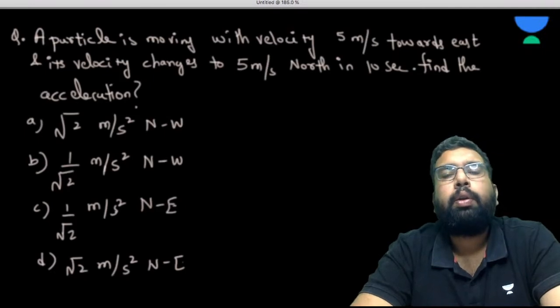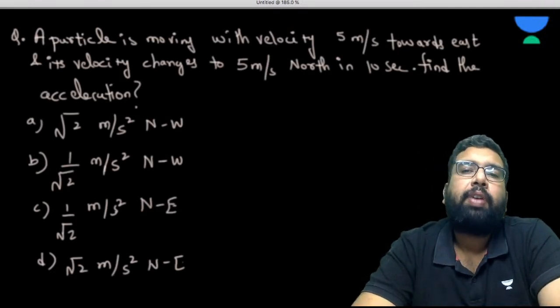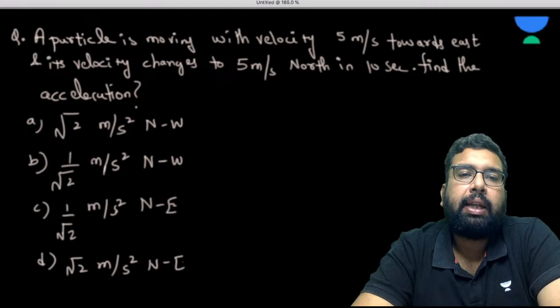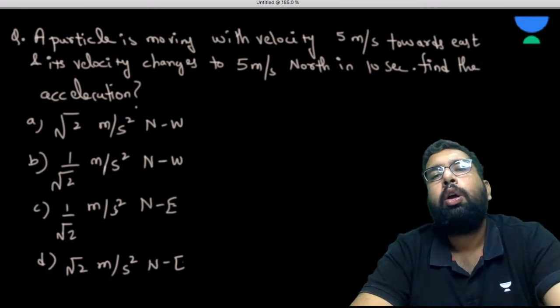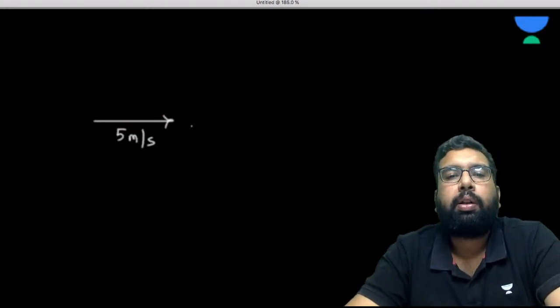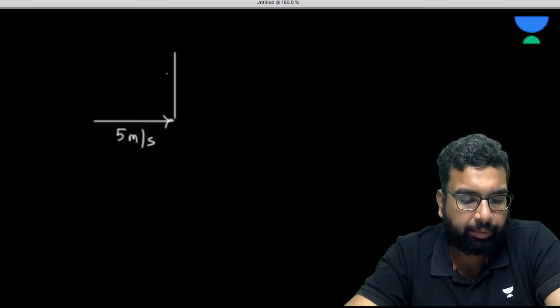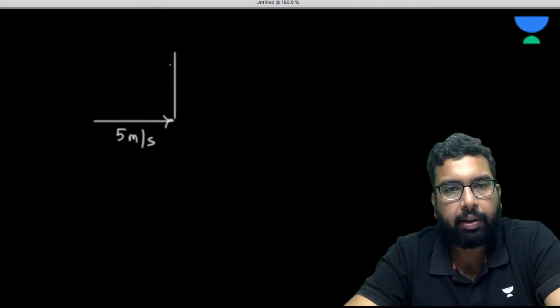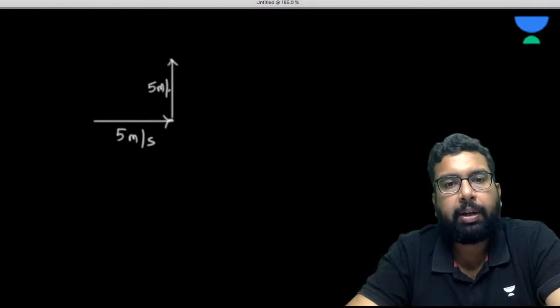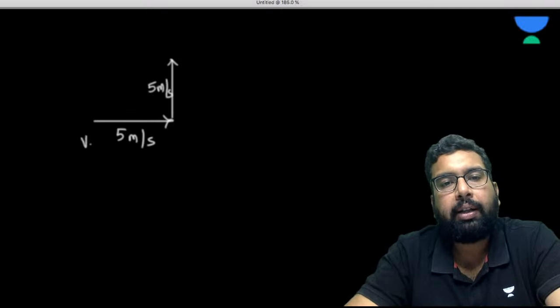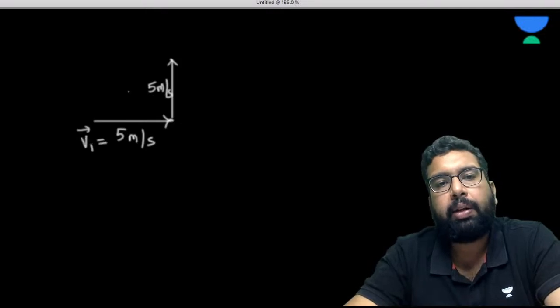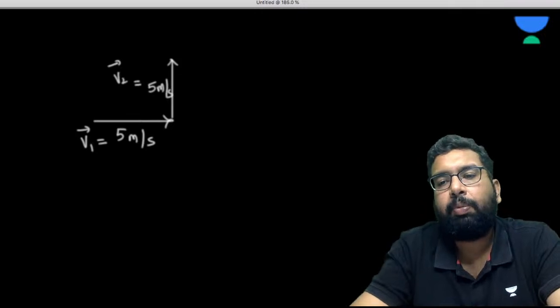So the initial velocity vector is 5 meter per second and the final velocity vector is 5 meter per second moving in the north direction.